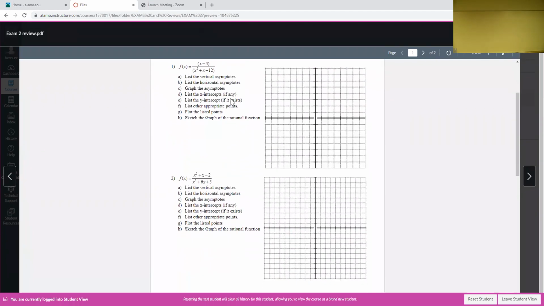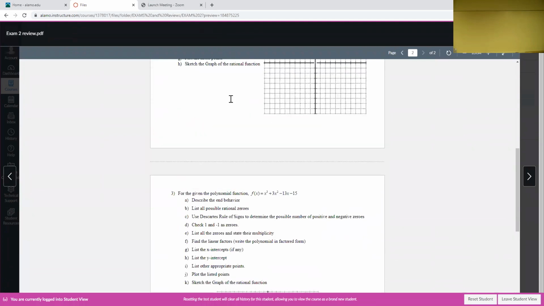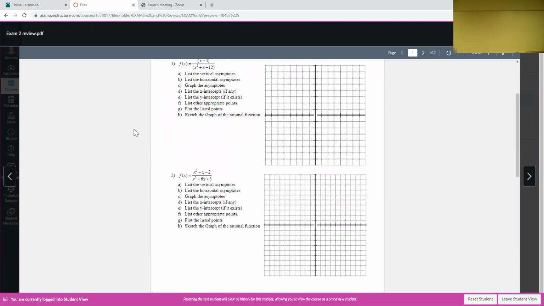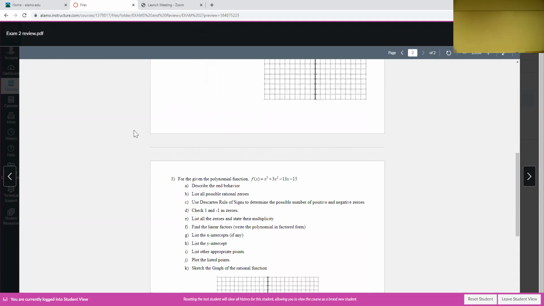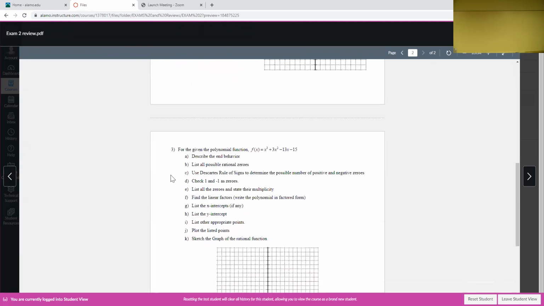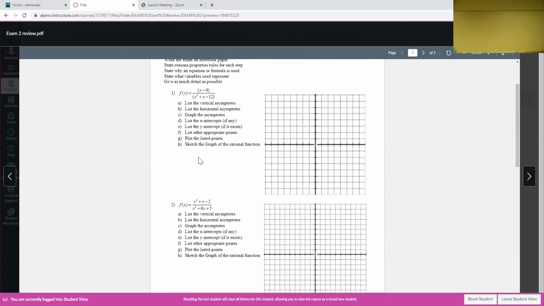So this is what the exam will look like. And there might be an additional question or two, but you basically have 3 problems. You will have 2 rational functions, and you will have 1 polynomial function that you're going to be asked to find all this information about. There's 8 things you're asked to find or do.